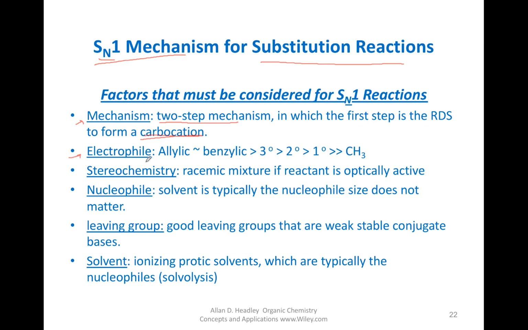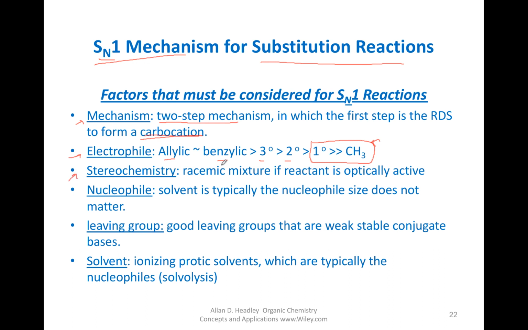The electrophile here, the allylic or the benzylic, is more reactive than the tertiary and more reactive than the secondary. And of course we say that these two here more than likely will not react by SN1 because of the stability of the carbocation that's generated in the RDS. These are not stable carbocations.